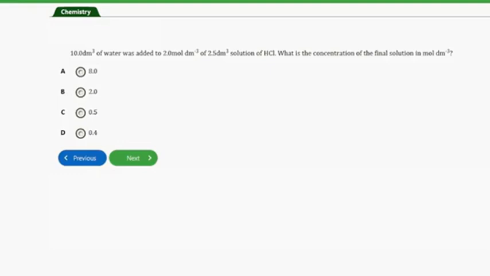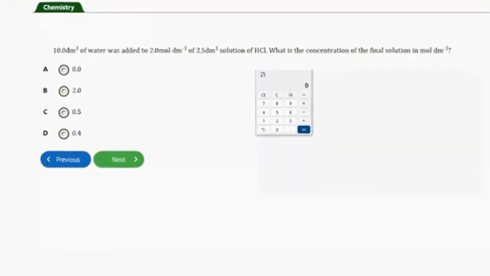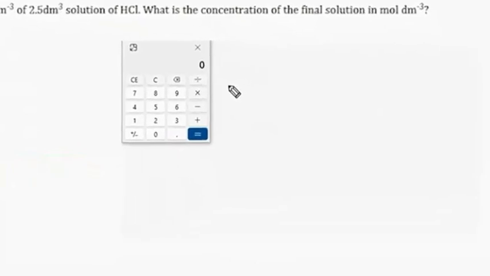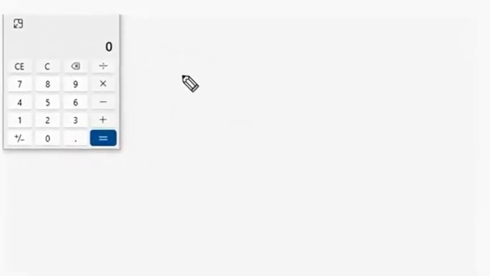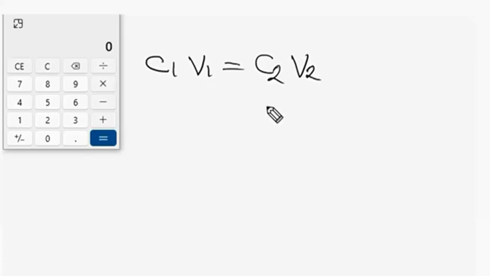So guys, for us to get the concentration of the solution in moles per dm cube, we need to apply the dilution theory. Guys, knowing fully well C1V1 is equal to C2V2.